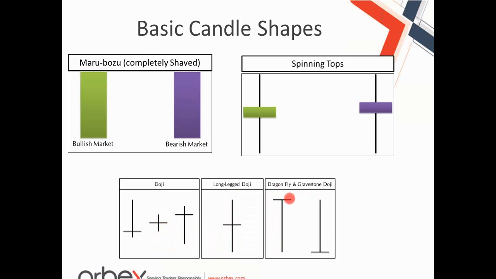And then we have the dragonfly and the gravestone, because this one looks like a Christian gravestone and this one looks like a dragonfly. So, for example, in this case, the market started at this price, tested all the lower prices, and came back all the way up and closed at the same price. So this is a very indecisive market.